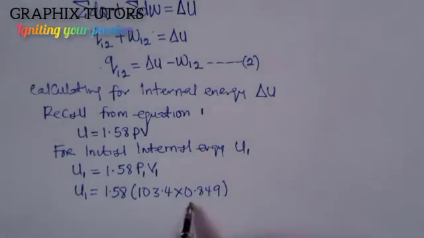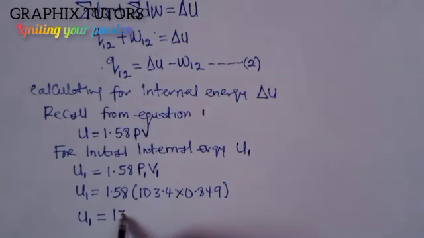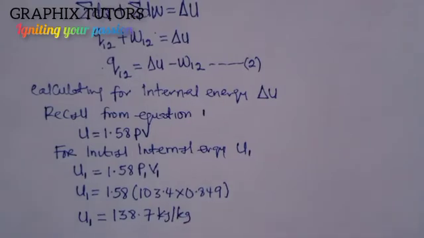So when you multiply everything together, the initial internal energy will give us 138.7 kilojoule per kilogram. This is the initial internal energy.